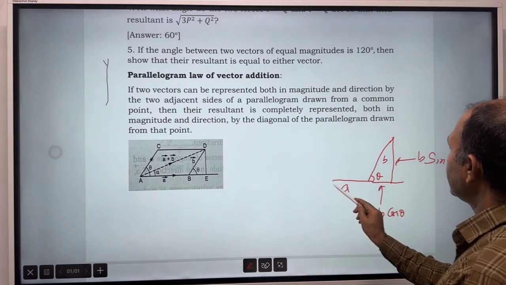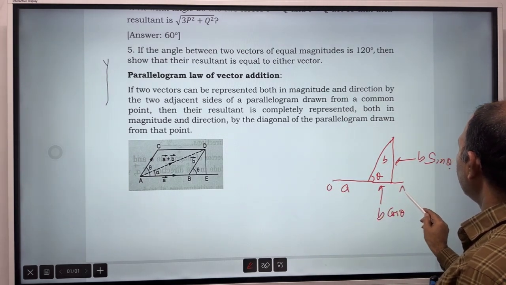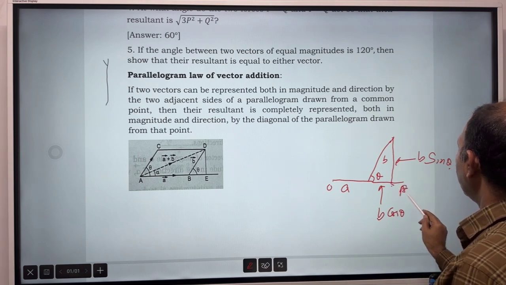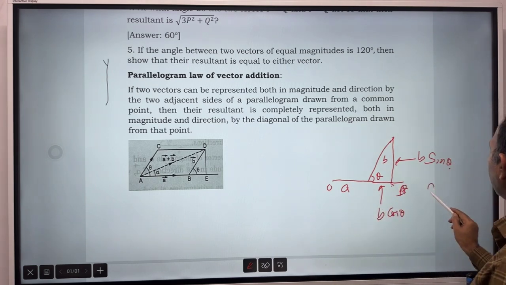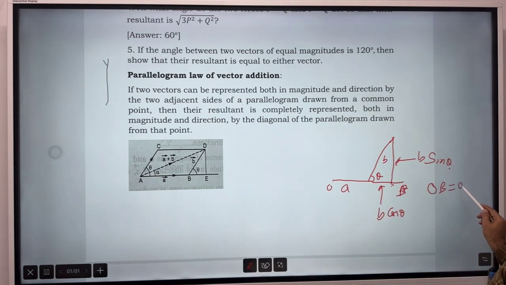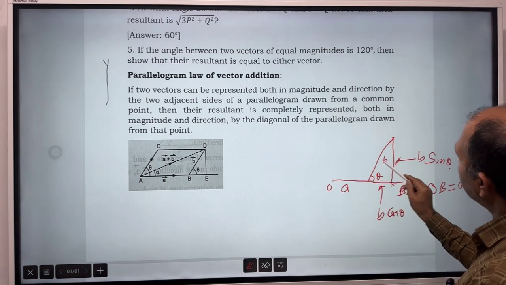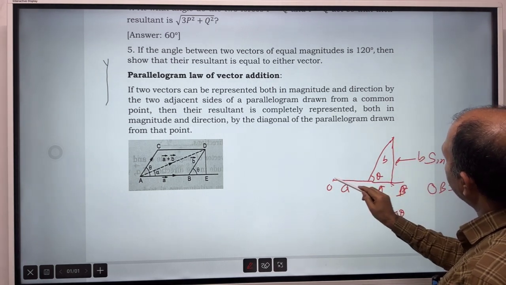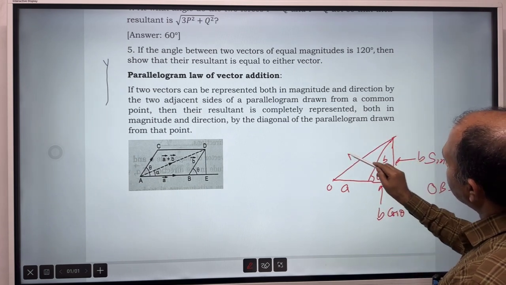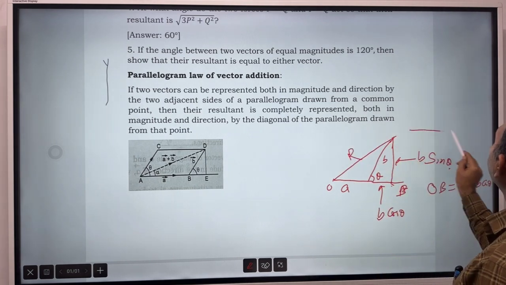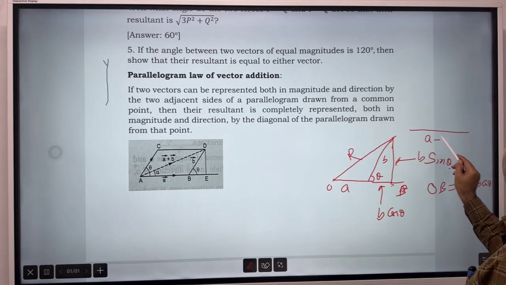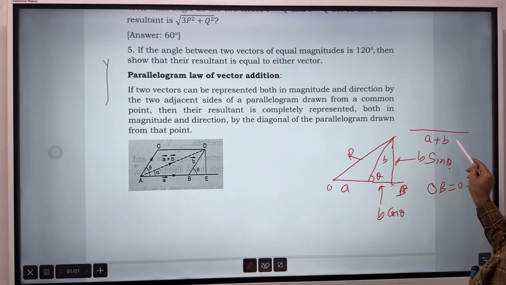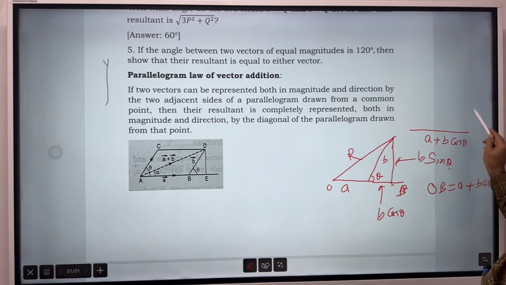Then we can say, suppose this is point A, this is point B, up to here this is point B. So OB will be A plus B cos theta. And here this is B sin theta, this is the resultant. So we have a right angle triangle in which the base is A plus B cos theta and the perpendicular is B sin theta.